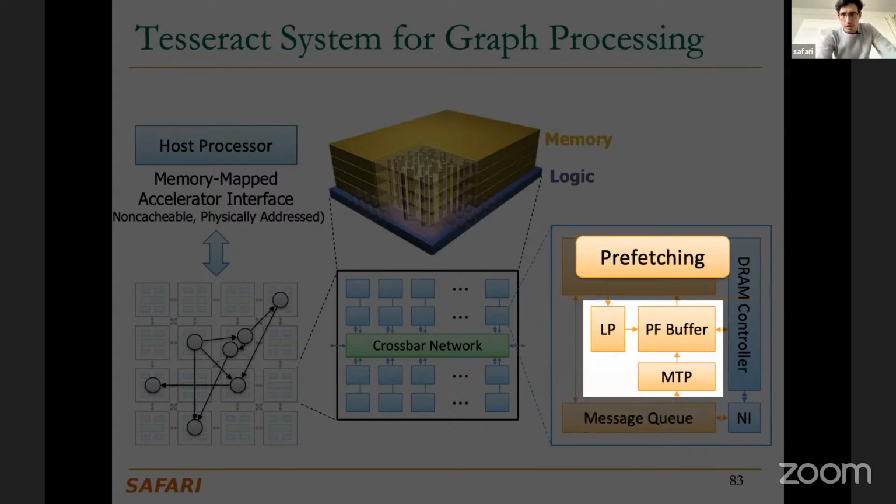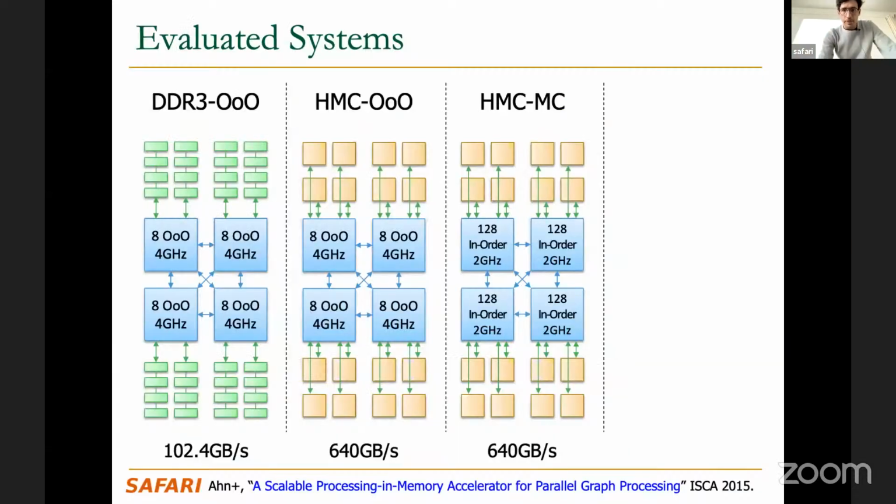I mentioned prefetching earlier. So this Tesseract system was evaluated and compared to baseline systems using out-of-order cores. Like, for example, here, I think there are in total 32 out-of-order processors running at a frequency of 4 gigahertz and access to DDR3 memory.